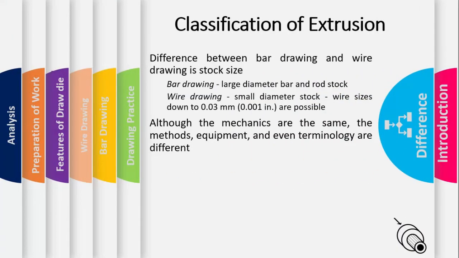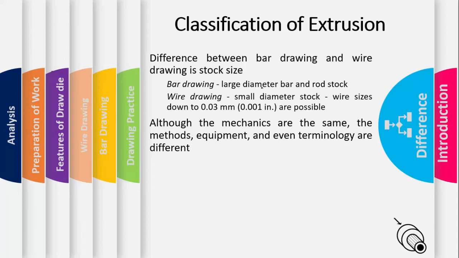What is the difference between wire and bar drawing? In the previous processes, we had only one name, either rolling or forging or extrusion. But in this case, we have two names for the same process, wire and bar drawing. There is a certain difference between them based on the machine and some parameters, although the basic process is the same.